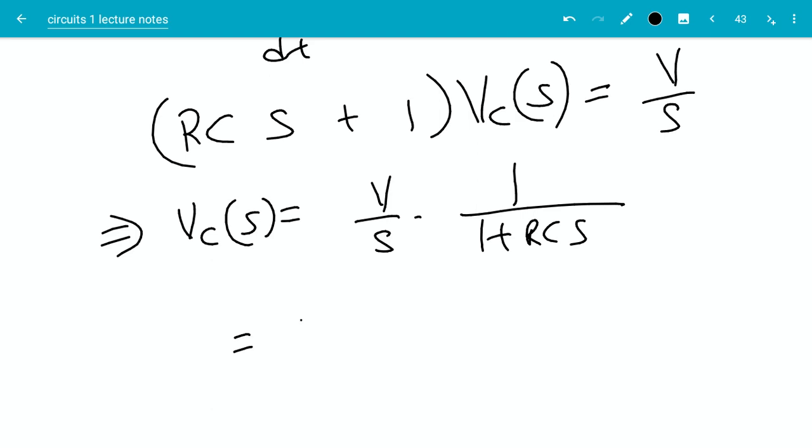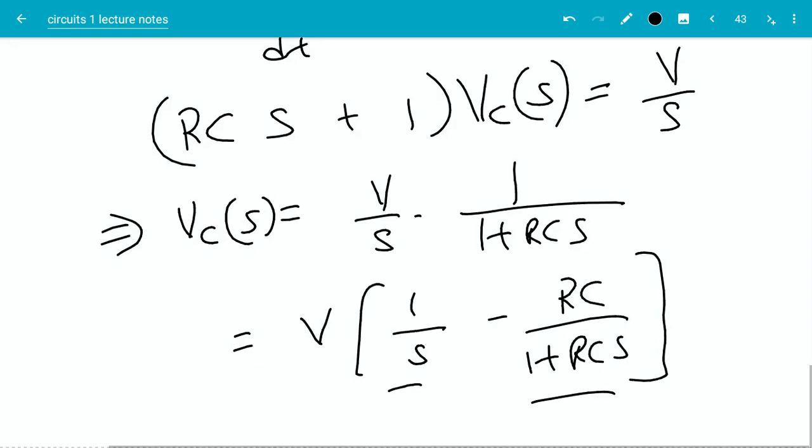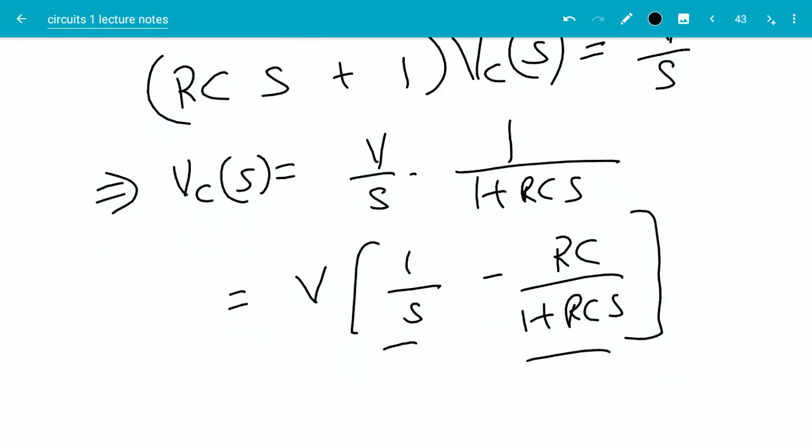That will be V times 1 over S minus RC over 1 plus RC S. Again, if you recall your differential equations course, you did this separation of a fraction into a sum of fractions, so you want to look into that. In this case it's slightly easy to write this as a sum of fractions, but in general there is a procedure you can follow to get this.